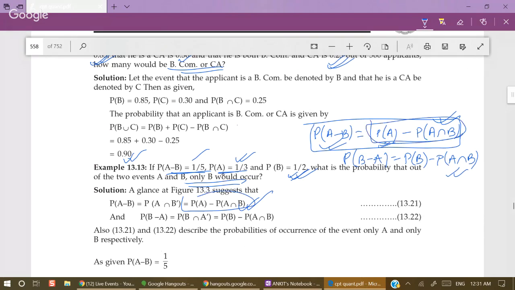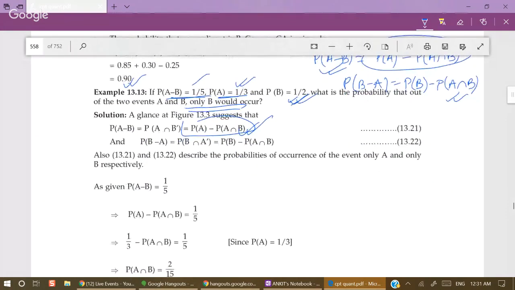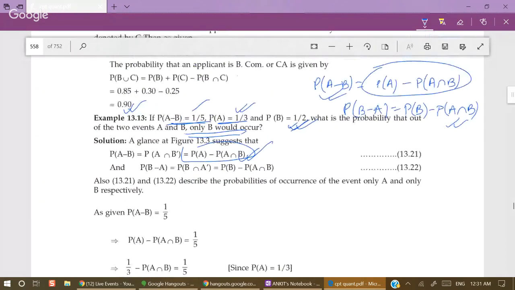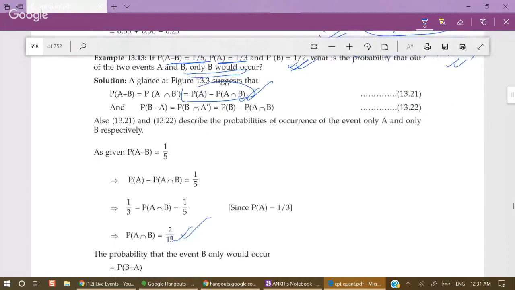I just told you this formula, and hence A intersection B will be 2 by 15, because when we put 1 by 5 here and 1 by 3 here, P(A intersection B) becomes 1 by 3 minus 1 by 5, that is (5 minus 3) by 15, so 2 by 15.